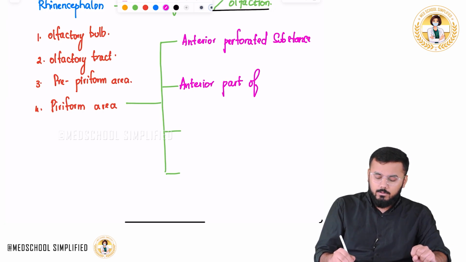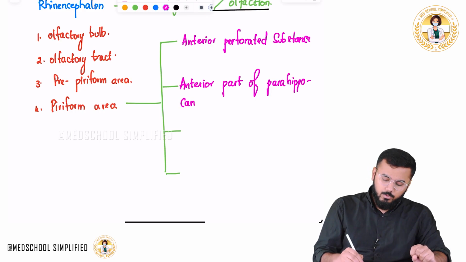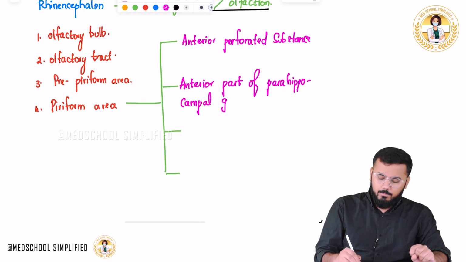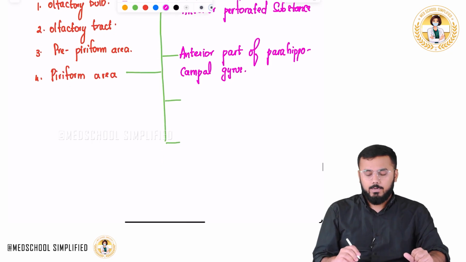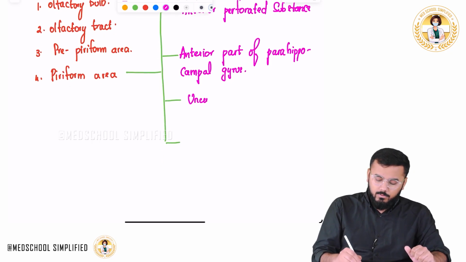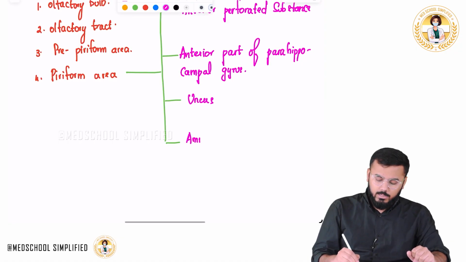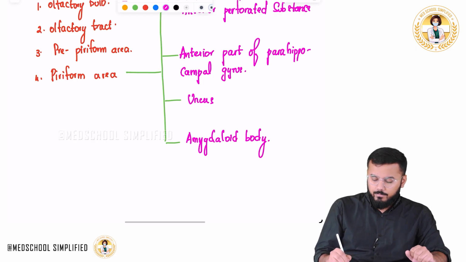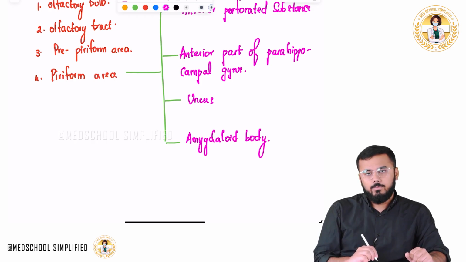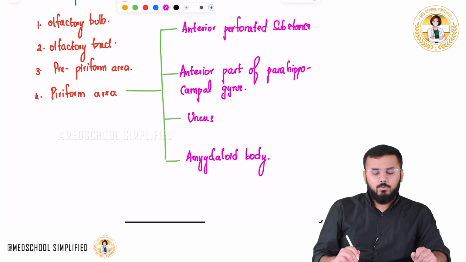The third important thing is the uncus, and the fourth is the amygdaloid body. So these are the four important parts.